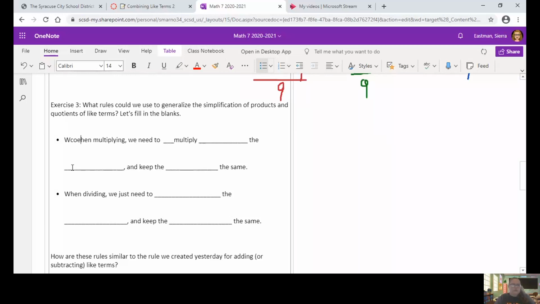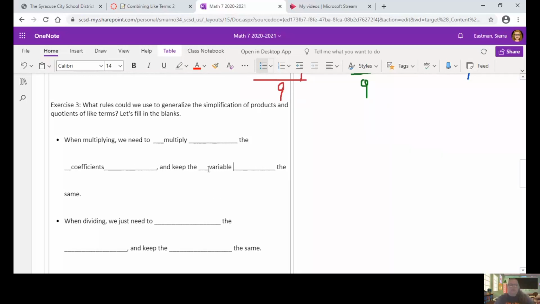Oh, whoops, clicked on the wrong space there. Let me go down to my, here we go. And then keep the variable the same. I'm going to highlight these all in red for us if I can. Oh, I don't think it's going to let me for some reason, but we can fill in those blanks anyway.